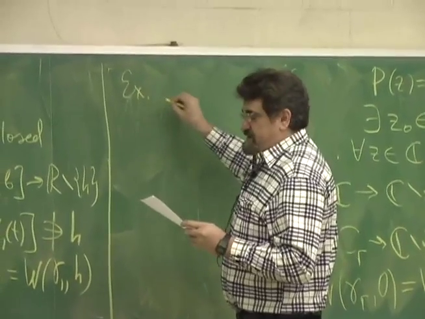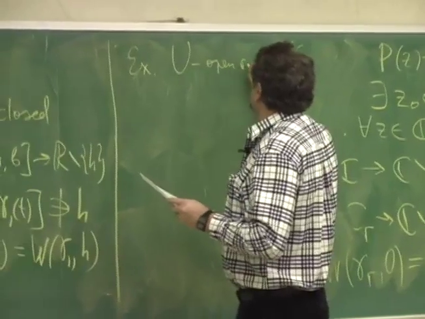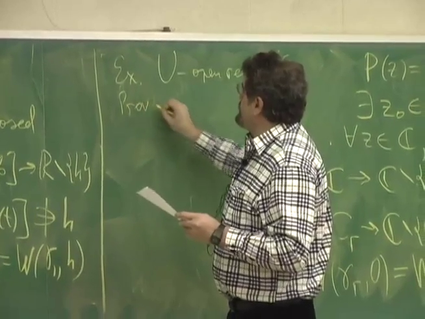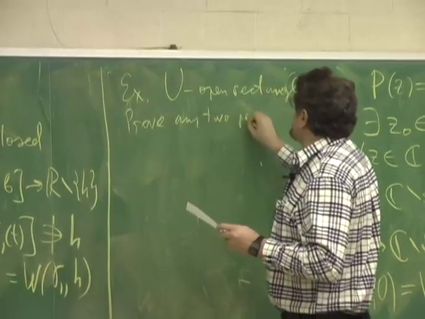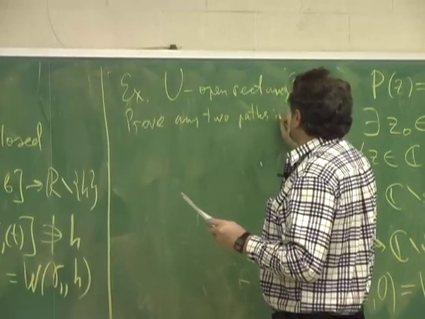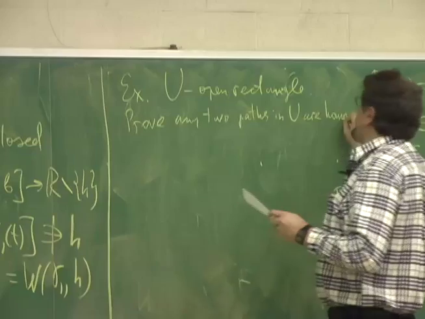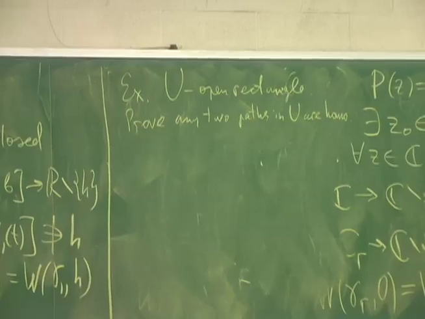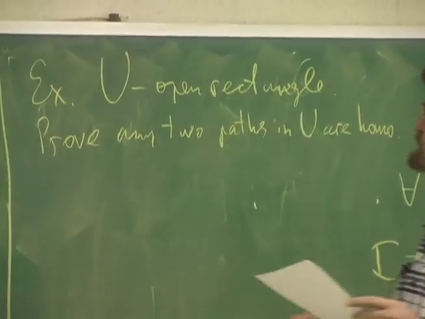A simple exercise. U is an open rectangle. Prove any two paths in U are homotopic, either closed paths or with fixed ends.